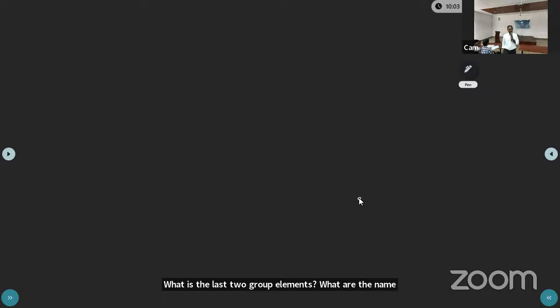Noble gases, correct. Why is it called the noble gas? What is the property of the noble gas? Inert in nature. So you can remember the word noble gas, and noble is in the last group elements.